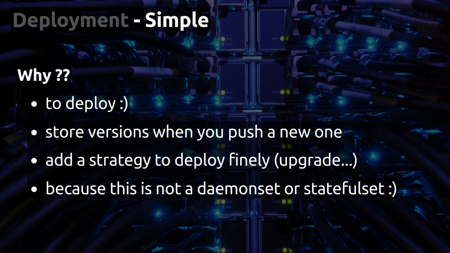What the deployment provides, for example, is one thing: to store versions. For example, if you push one deployment for one pod with a specific image, you can tag the version 1.0.0, but you want to upgrade it. What you can do is edit the deployment manifest, and in this deployment you set for this pod and this container the image, for example v1.0.0.1.